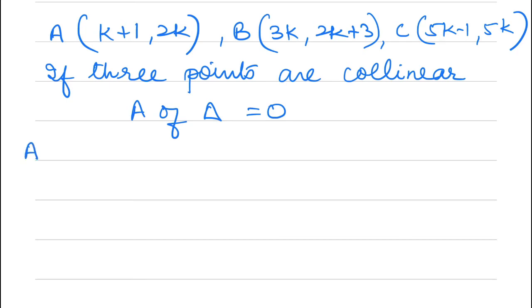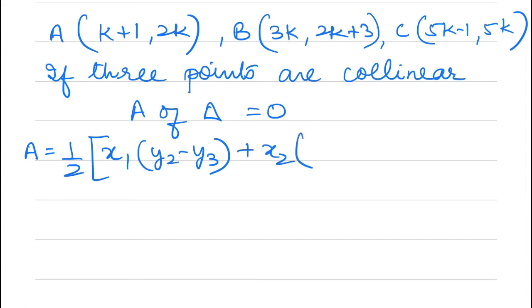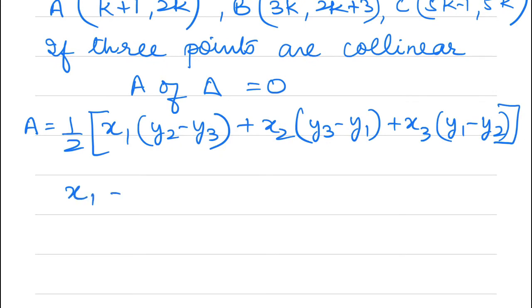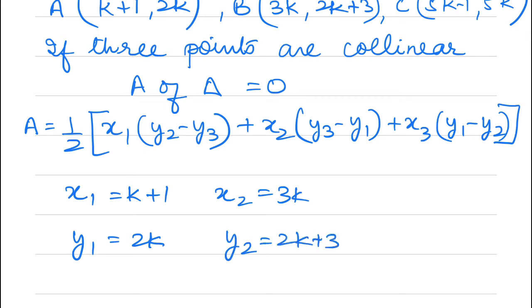So let's write down the formula for area of the triangle is equal to half into x1 into (y2 minus y3) plus x2 into (y3 minus y1) plus x3 into (y1 minus y2). x1 as k plus 1, y1 as 2k, x2 is equal to 3k and y2 is equal to 2k plus 3, x3 is equal to 5k minus 1 and y3 is equal to 5k.